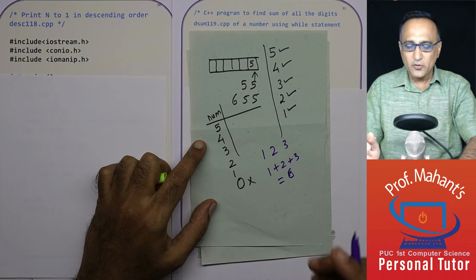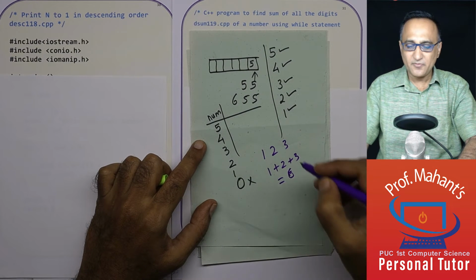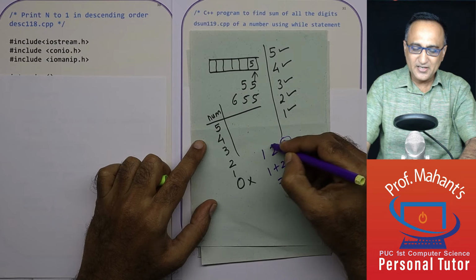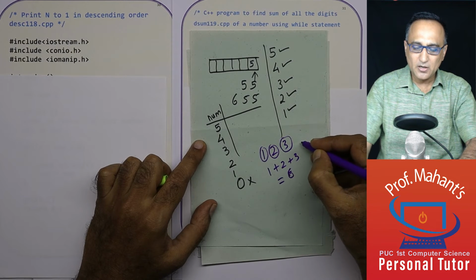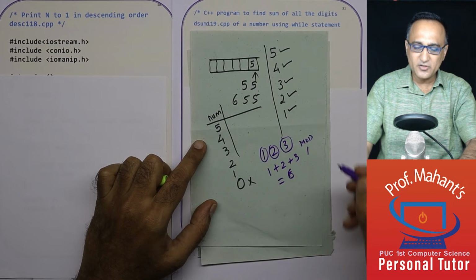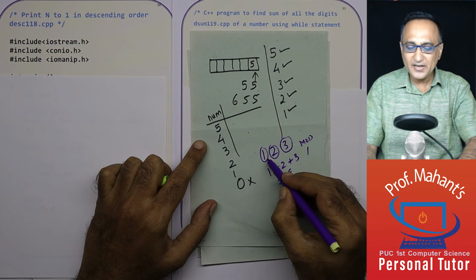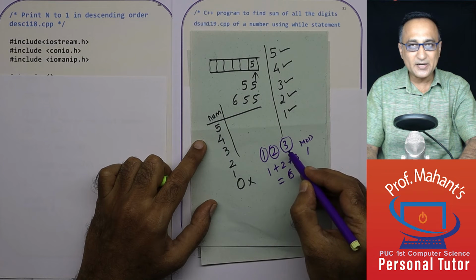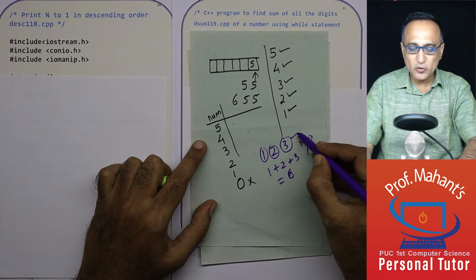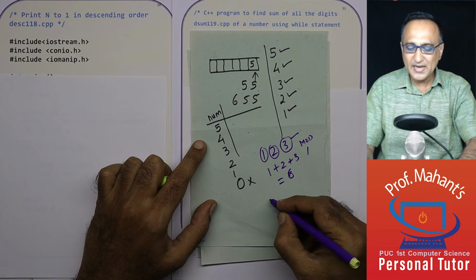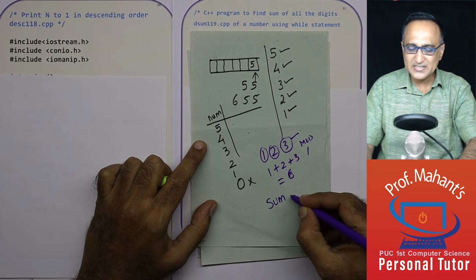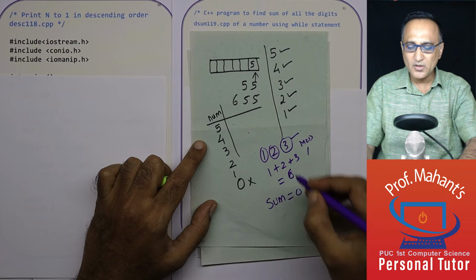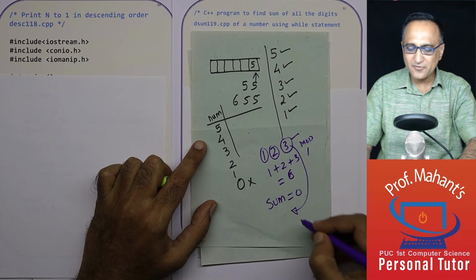Now, you need to know we have done an algorithm where we are able to extract the individual digits using the mod operator and the division operator. If I take 123 and divide it by 10, the remainder is going to be 3. So what I can do is take another variable called sum with the initial value 0. I can add this 3 to sum first.